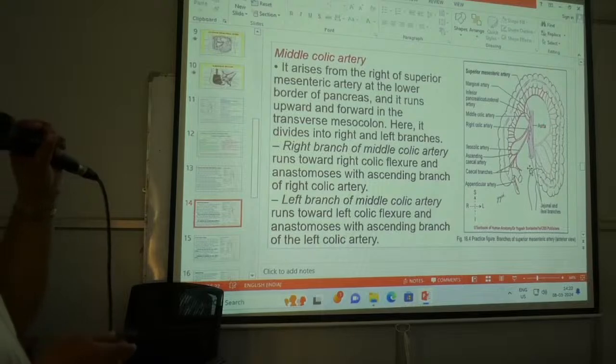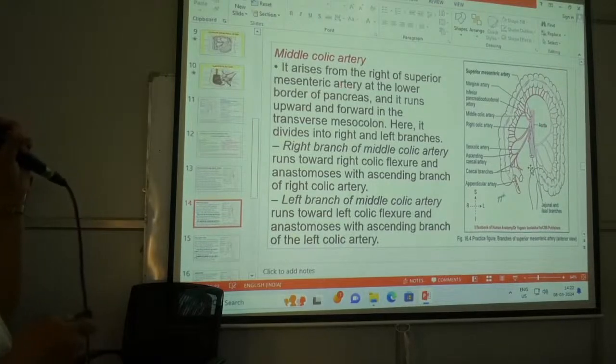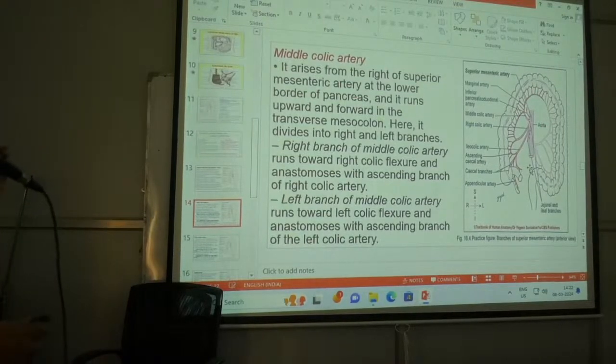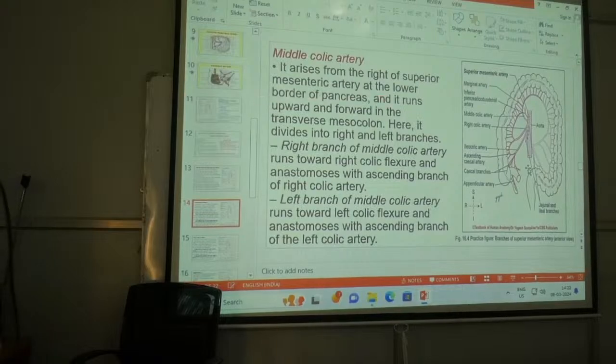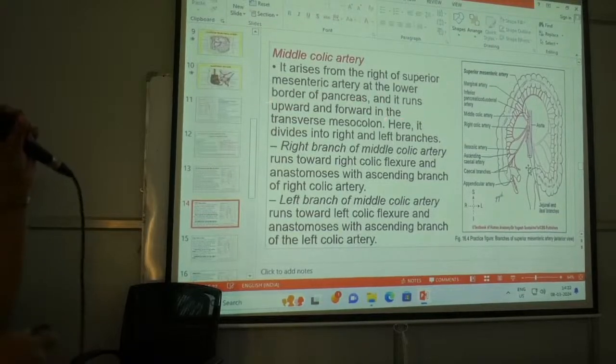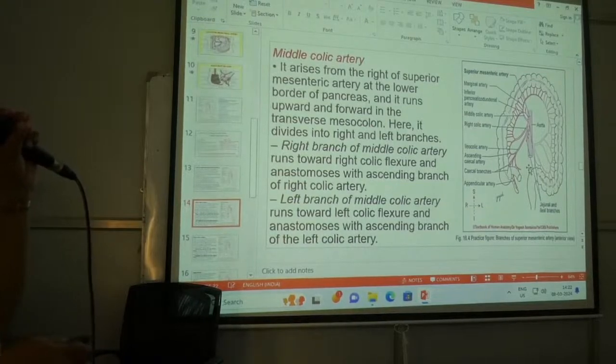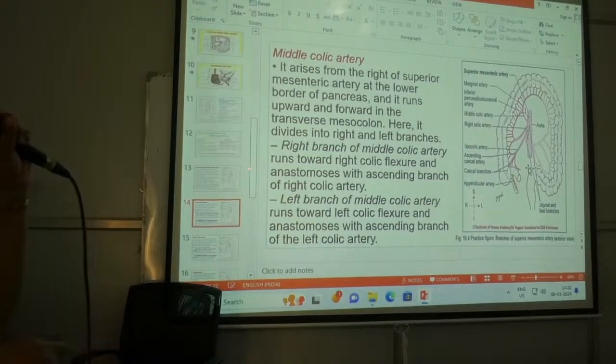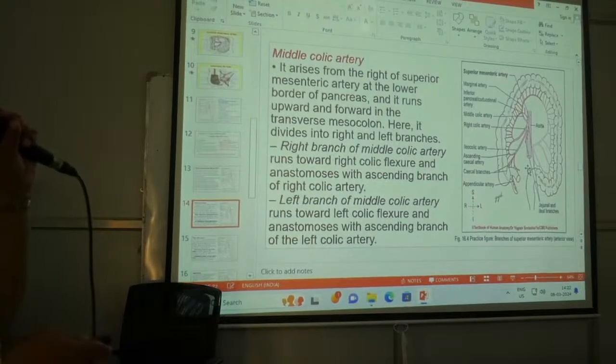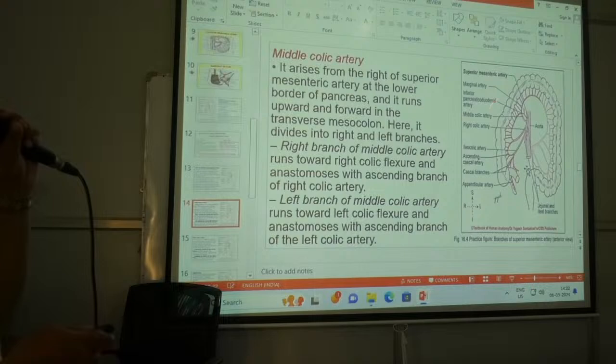Okay, next is the middle colic artery. This one is the middle colic. It arises from the right of the superior mesenteric artery at the lower border of the pancreas and runs upward and forward in the transverse mesocolon. Here it divides into right and left branches. The right branch of the middle colic artery runs towards the right colic flexure, here, and anastomoses with the ascending branch of the right colic.